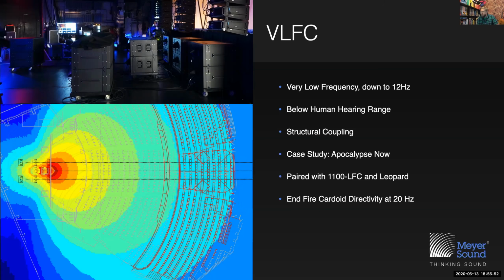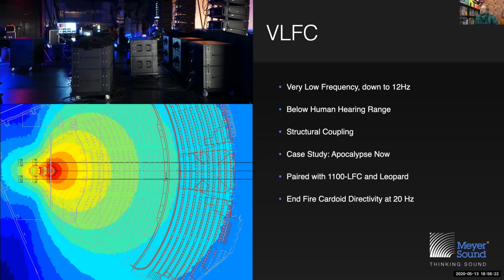That structural coupling really helps transmit the energy and convey the emotion of the very low frequency stuff. So for Apocalypse Now, all the napalm explosions and things were really getting that very low frequency content. And for the final cut, they had that same VLFC product in their small mix studio to get the content made for that low frequency range.